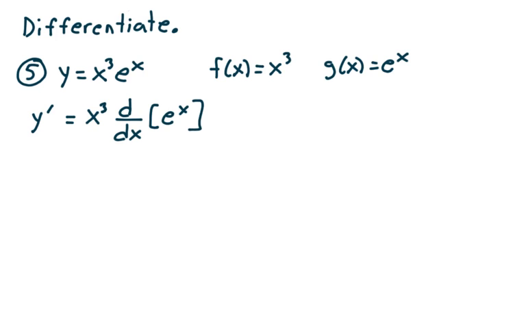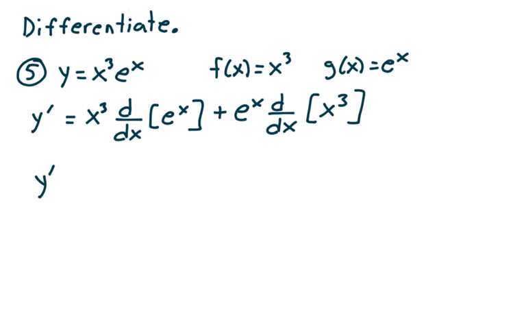So in other words, I'm going to write down x cubed, and I'm going to take the derivative of e to the x with respect to x, plus, then I'm going to write down the second function, which is e to the x, and I'm going to take the derivative of the first function with respect to x. So in other words, I'm going to write down e to the x and take the derivative of x cubed with respect to x and multiply those together.